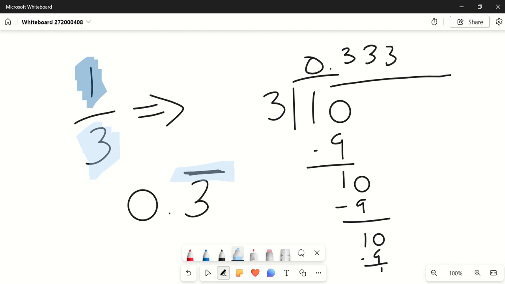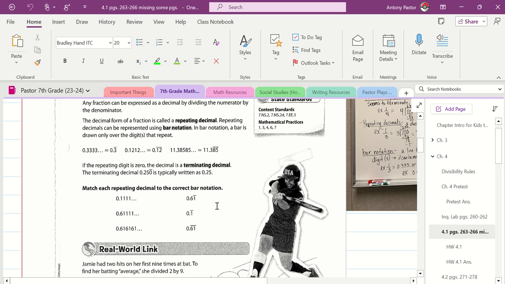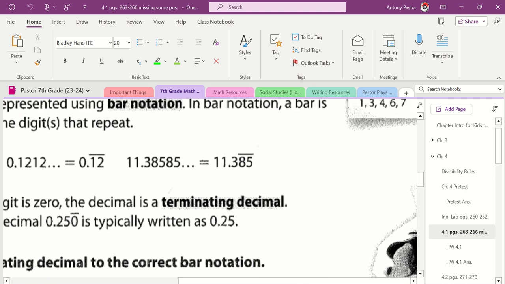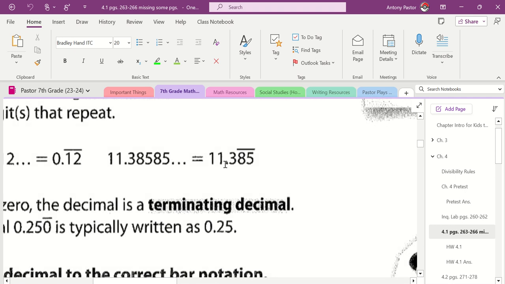Now, bar notation does not need to just be over one number. For example, here we have a decimal, 11.385. If we were to put this in our calculator, whatever the division was, it's going to be 11.3858585858585 forever and ever and ever.